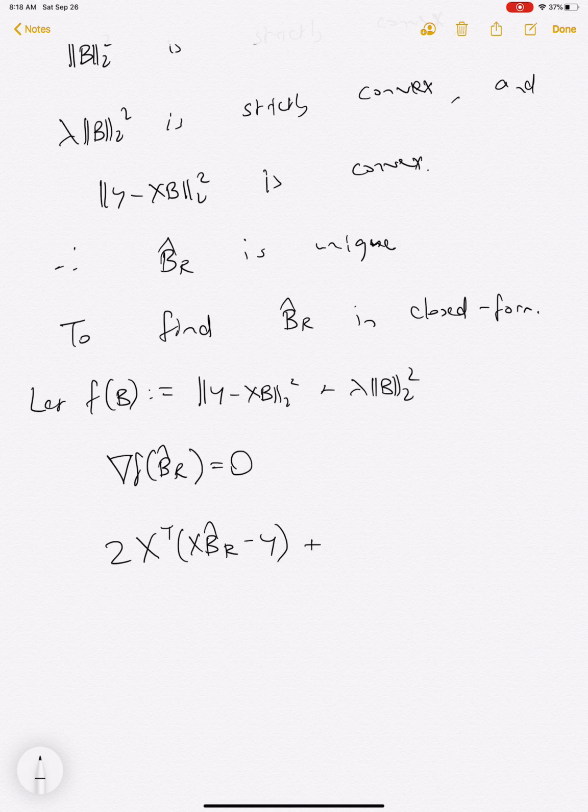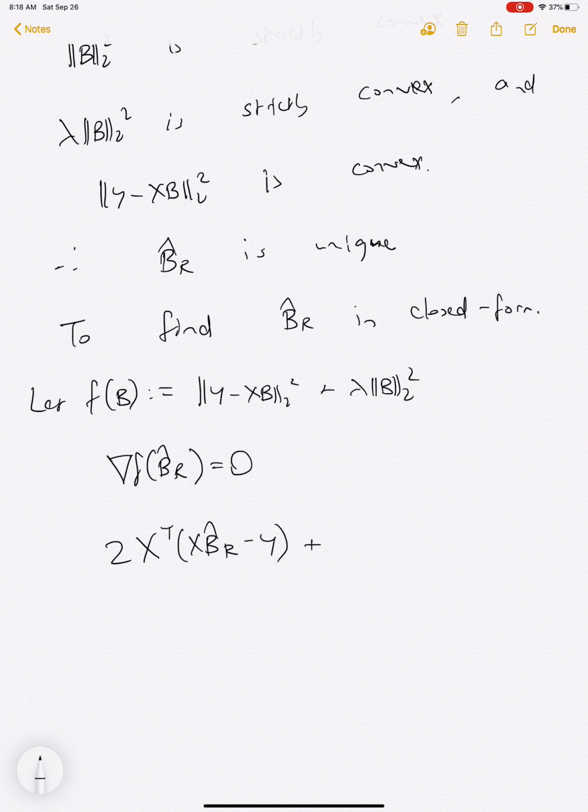This matrix is always going to be invertible because that's the identity. And to be clear, this is the identity with p dimensions.